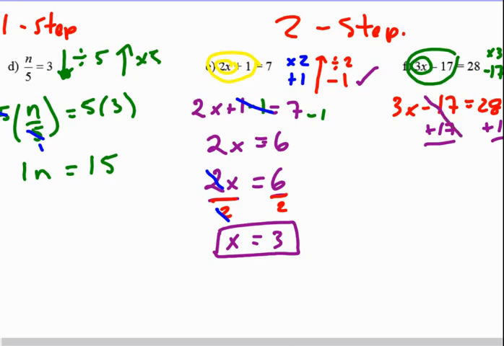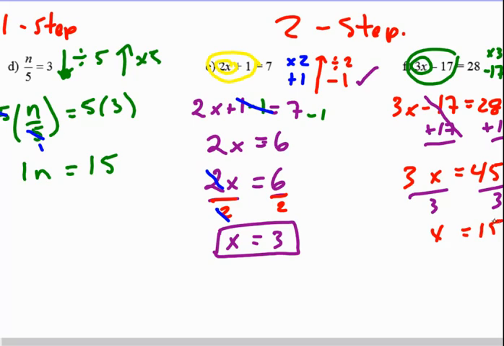And we have 3x equals, okay, 28 plus 17, what are we looking at here? We're looking at 45. That's good. And we know 45 is a multiple of 3, or 3 is a factor of 45. So we're going to divide both sides by 3. And of course, 3 goes into 45 15 times.